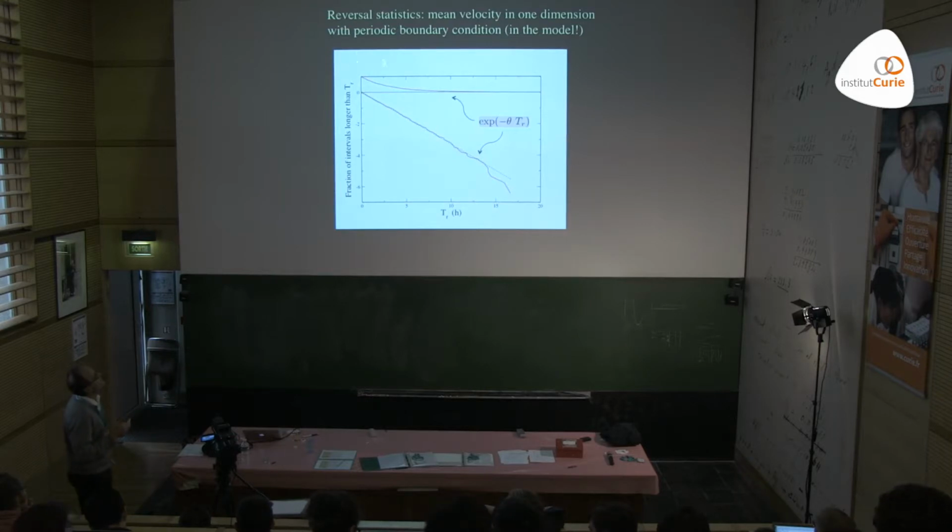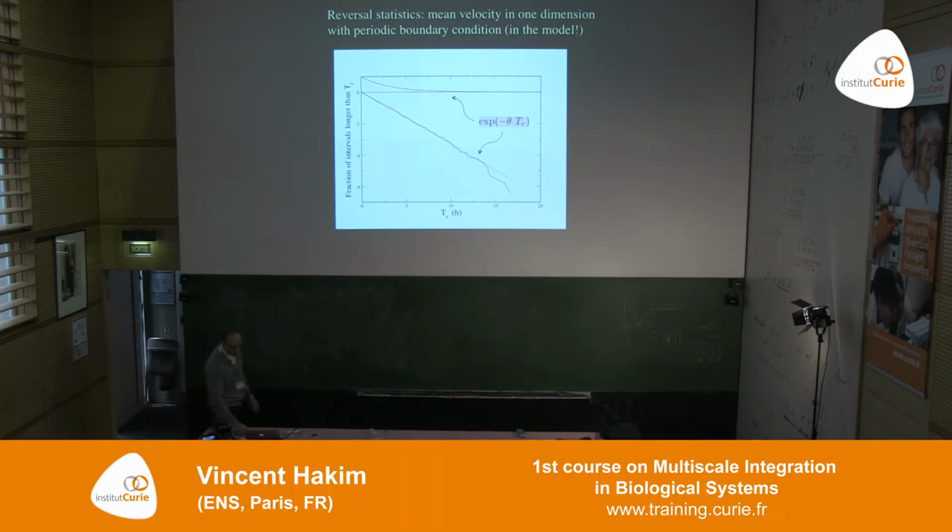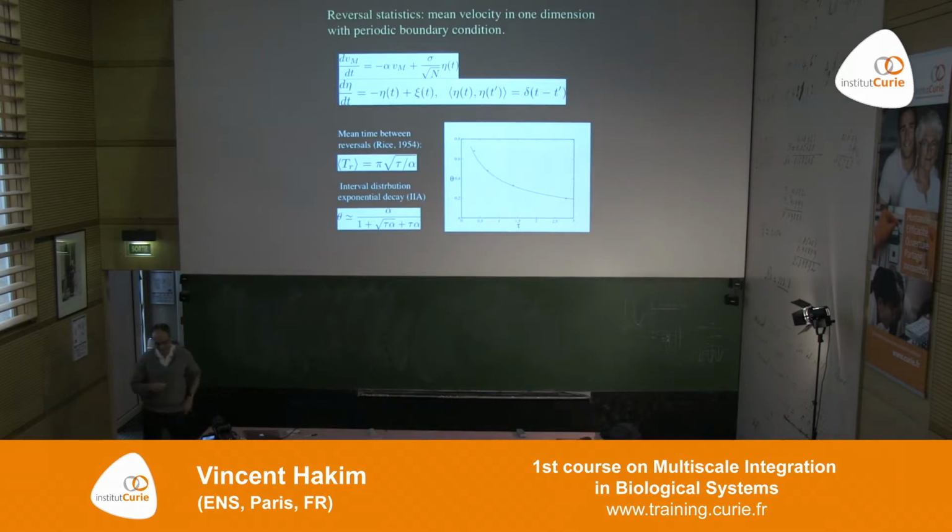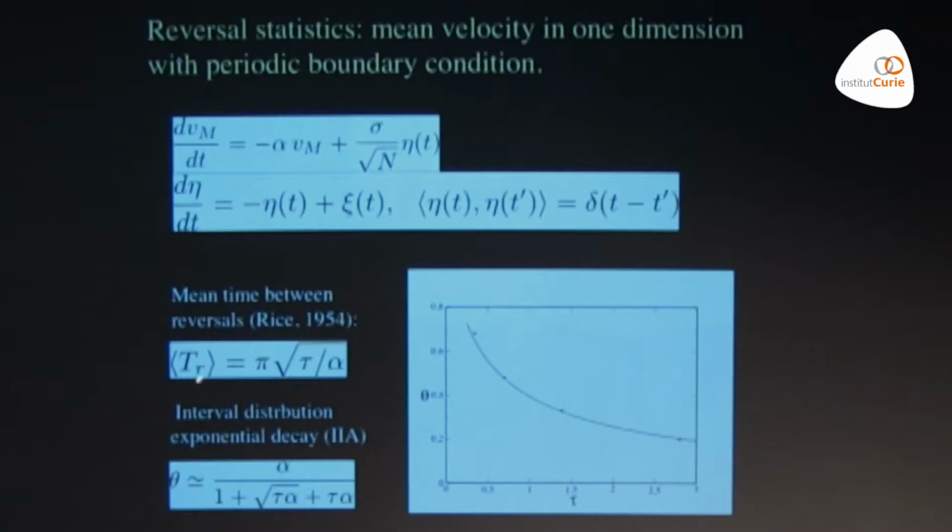So these are simulations in one dimension, and you see that they show reversals exactly like in 2D. If I look at the line of these walkers with periodic boundary condition, the velocity will go one way and the other. So where is this coming from? Now this is rather easy, because in one dimension we can sum all these equations, and basically all the interaction terms will vanish two by two.